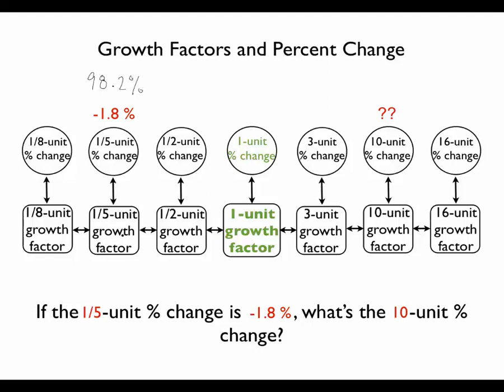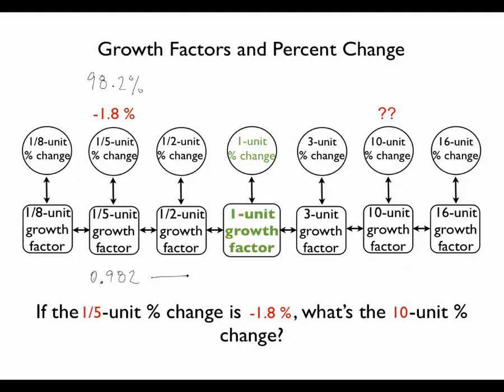Okay, so the 1/5 unit growth factor is? He wants 0.982, the amount we keep every 1/5 unit. The portion that we keep. Is this right? Keep going.